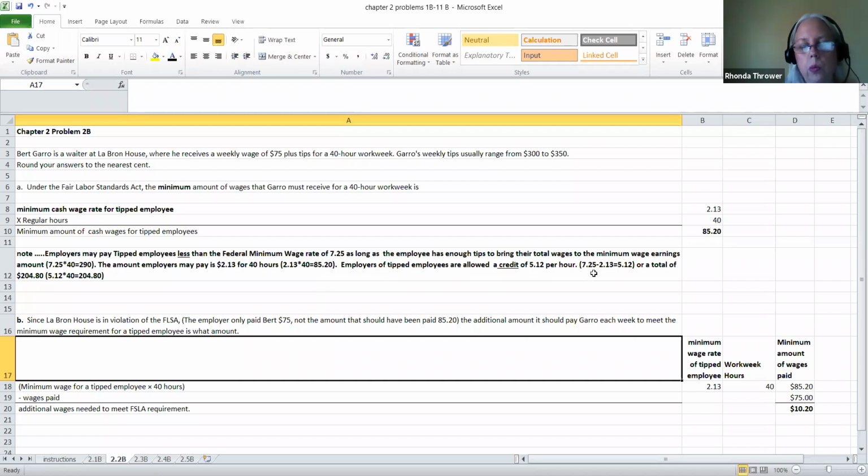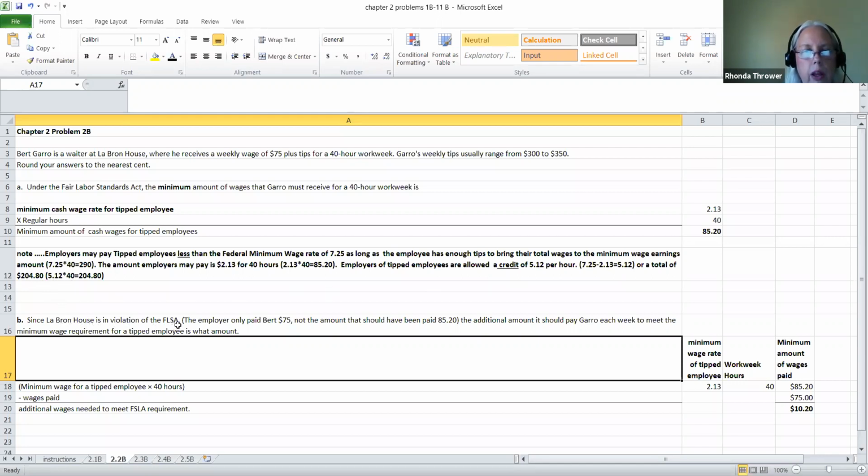In other words, the minimum wage is $7.25, but the employer can pay a tipped employee $2.13. So the employer is getting a credit of $5.12, or a total credit for 40 hours of $204.80.